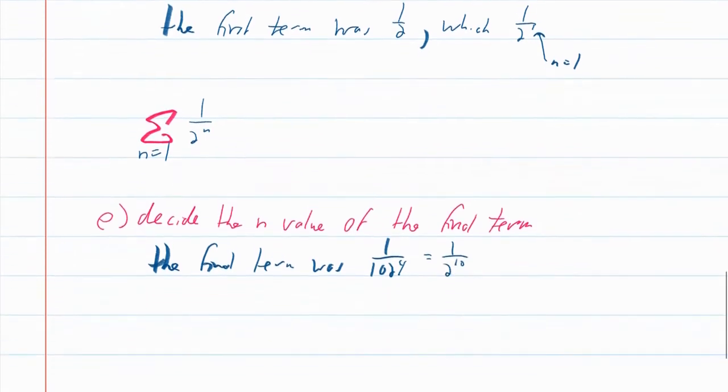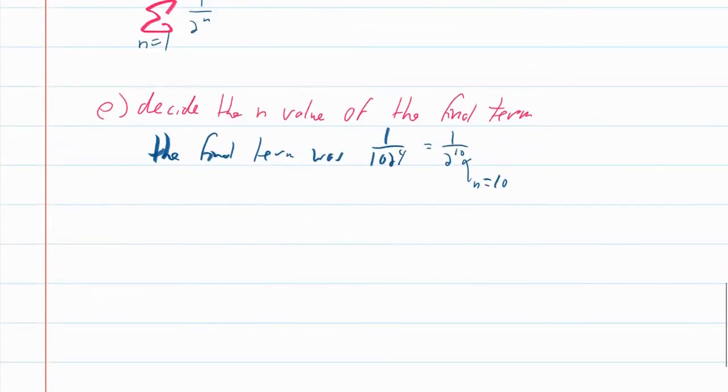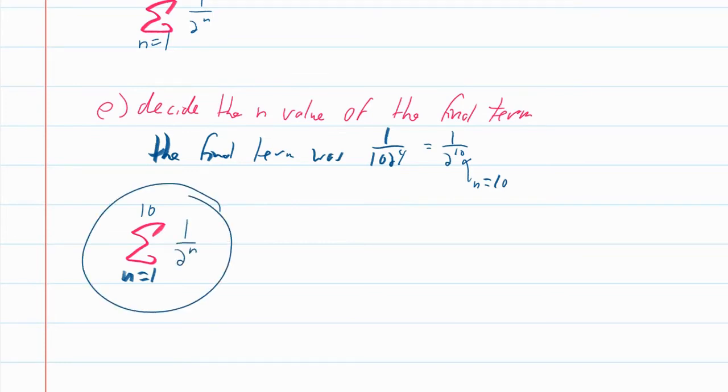So the final n value is an n equal to 10. And so now I'm going to put the completed sigma, the sum, starting with an n equal to 1 and going all the way up to 10 of 1 over 2 to the n. This is a fully realized sigma notation.